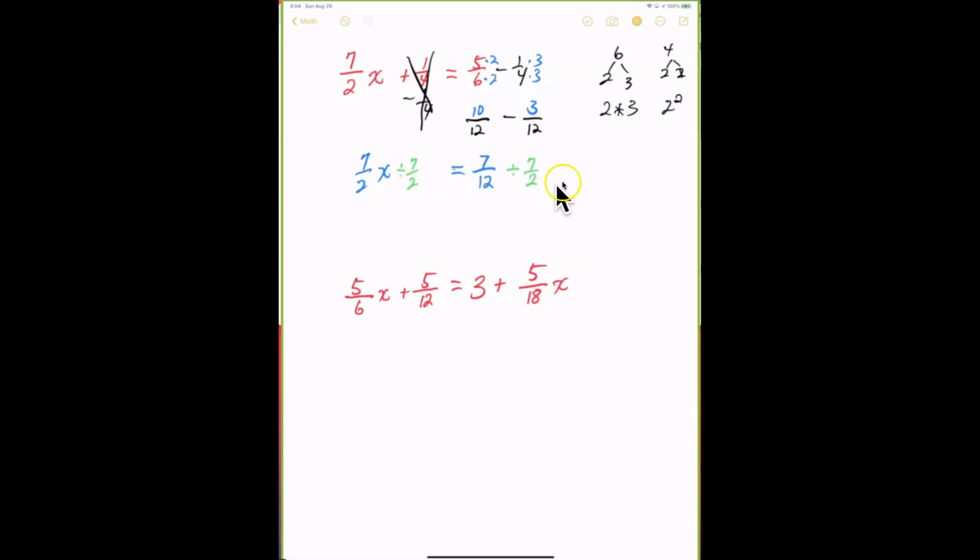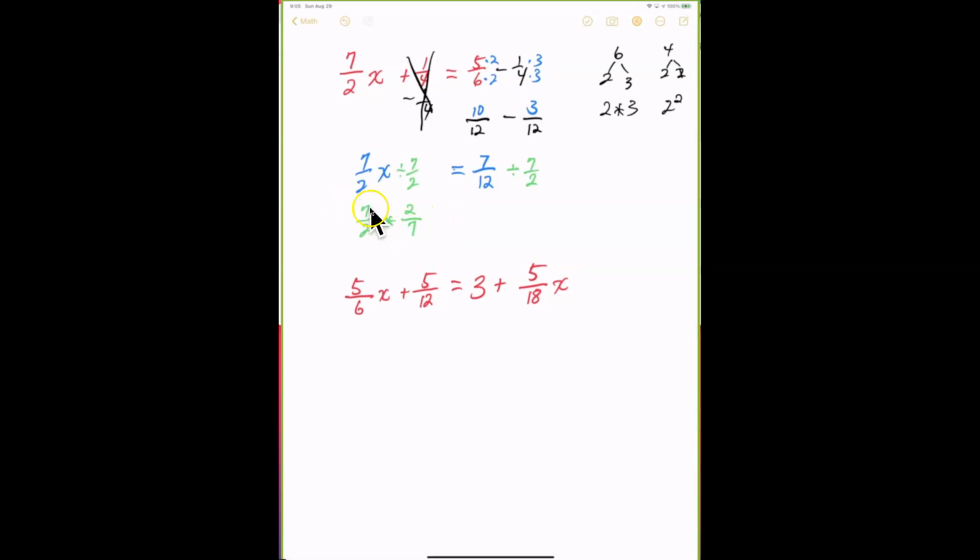And some people say division of fractions doesn't exist because you use the keep, change, flip method. So we're going to divide these. 7 halves divided by 7 halves. That's going to turn that into a reciprocal. We're going to have 7 halves times the inverse of 7 halves, which is 2 over 7.